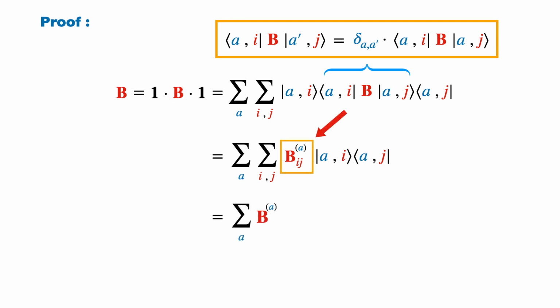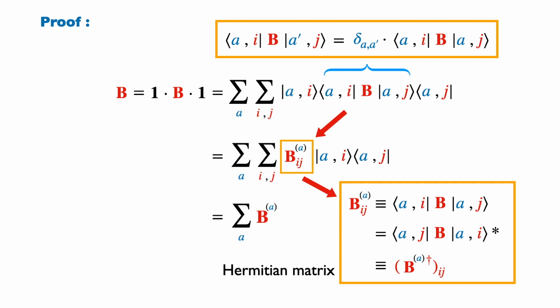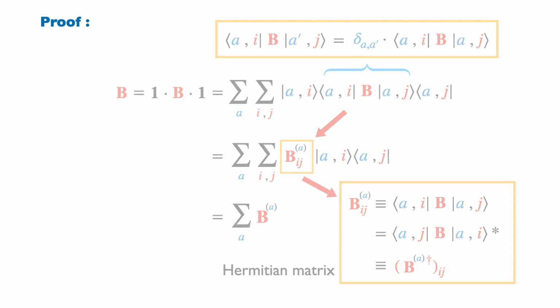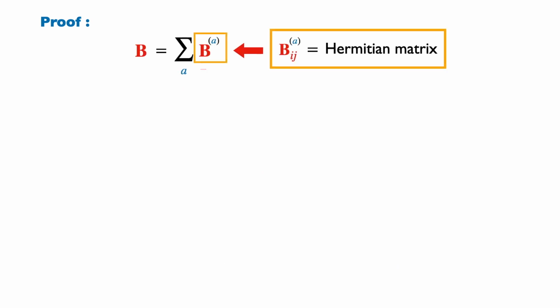From its definition, one concludes that this is a Hermitian matrix, because B is a Hermitian operator. This implies that the operator B^(A) is a Hermitian operator, which is apparent from its ket-bra representation.